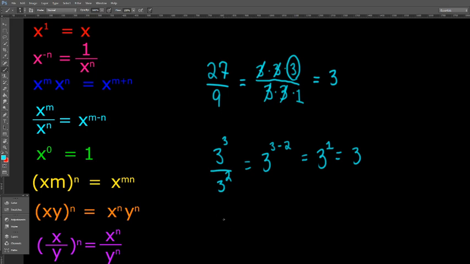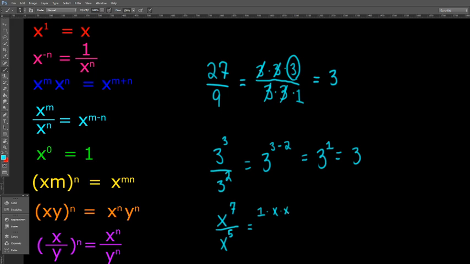Now let's think about what this means with variables. Let's create some higher level variables, because I'm tired of using these low numbers, even though they're faster to write. So let's say we have x to the 7th over x to the 5th. Why not? What does this look like? X multiplied by itself 7 times. Well, I don't want to be a hypocrite, so I'm going to put that 1 there.